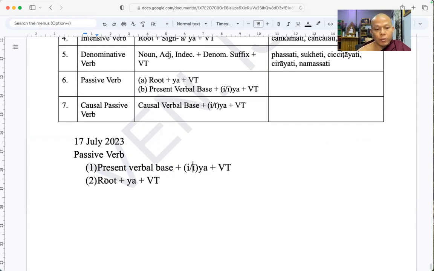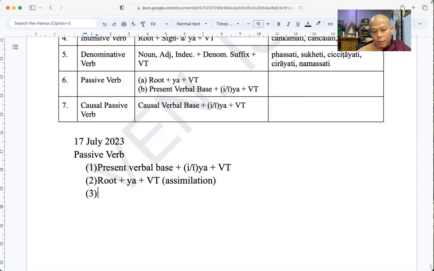But if the passive suffix "ya" is added to the root, then assimilation of the conjunct consonants will apply.